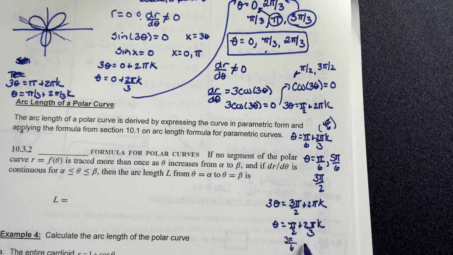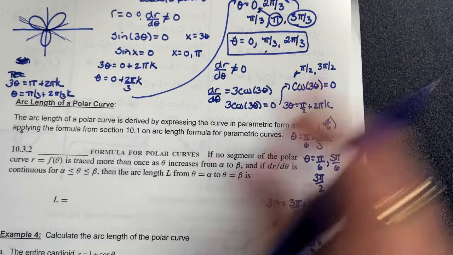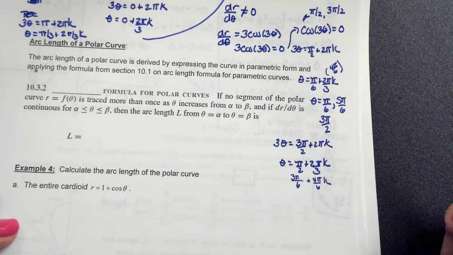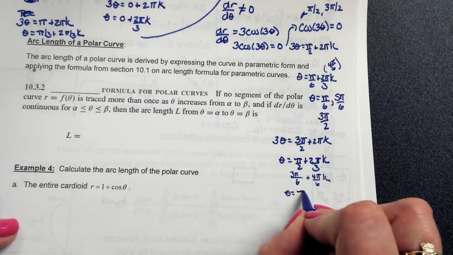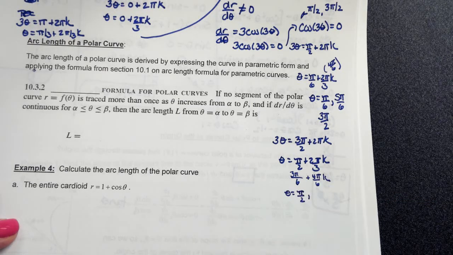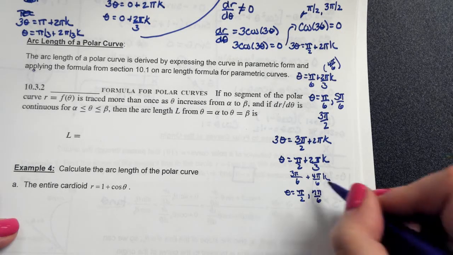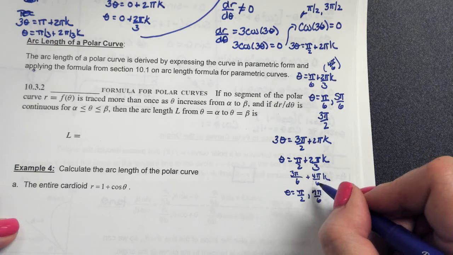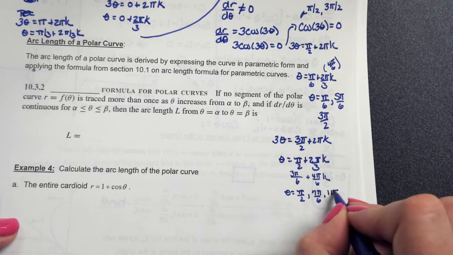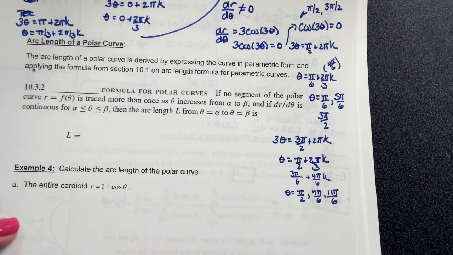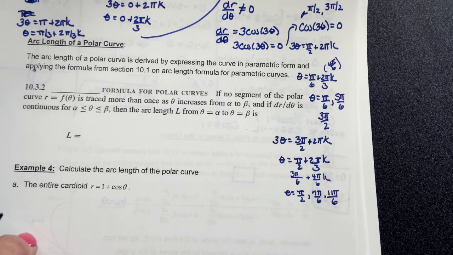It'll be 3 pi over 6 plus 4 pi over 6 times k. So let's see. When k is 0, I've got pi over 2. When k is 1, I have 7 pi over 6. When k is 2, I have 8 pi over 6 plus 3 pi over 6, which is 11 pi over 6. And then I know I go larger than 2 pi.